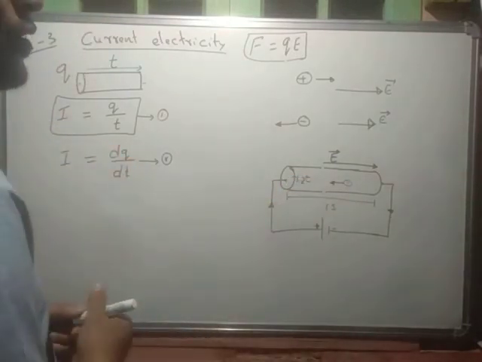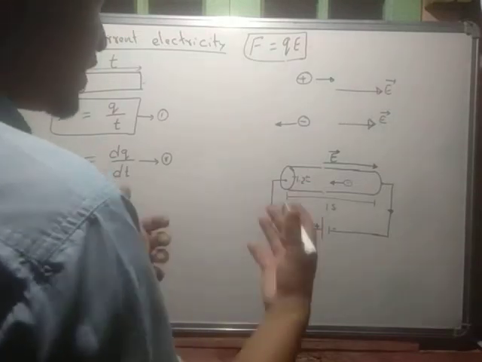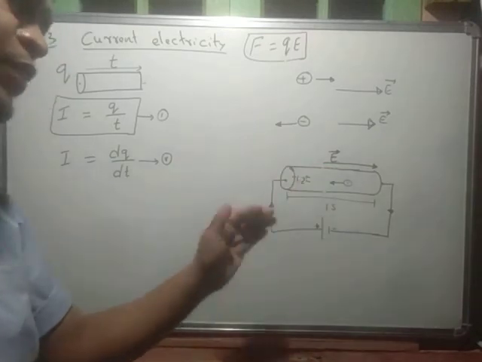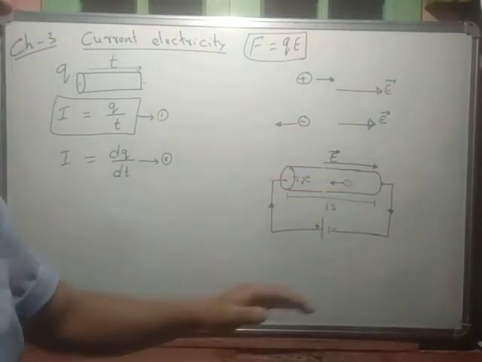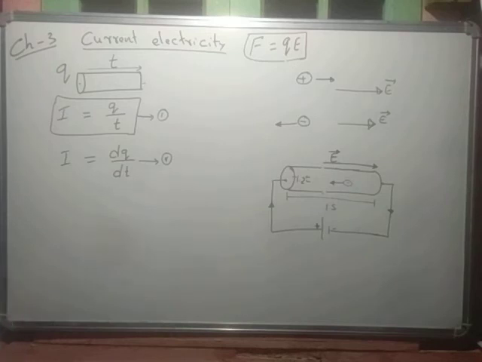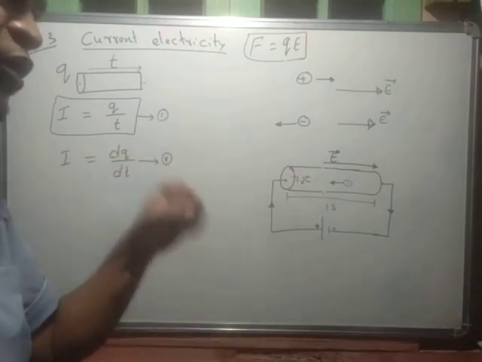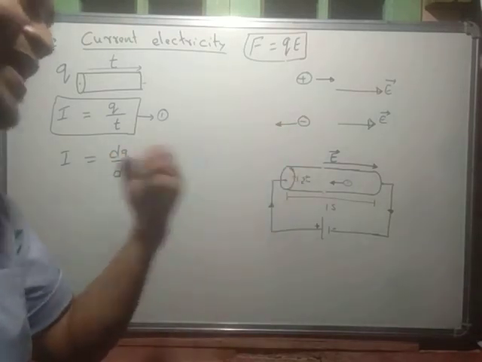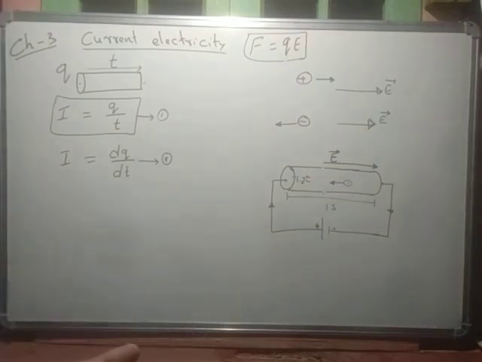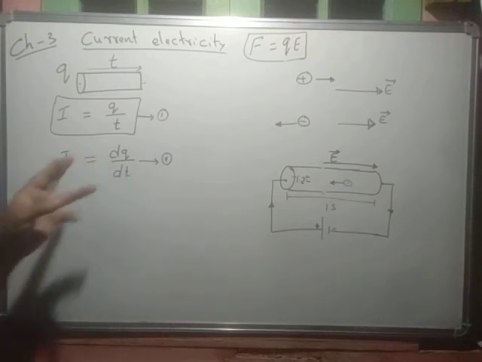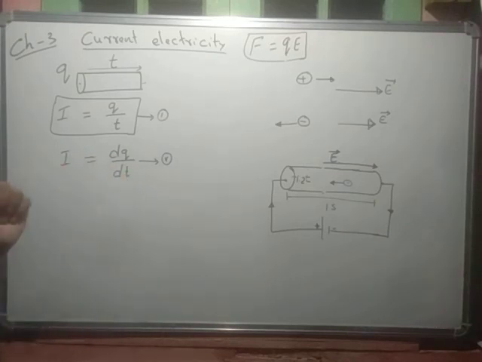So when the charge crossing through the conductor is not uniform with time, the current is not a steady current. In such a case, because the current is not uniform, we take the average current, and that is known as the instantaneous current, and we write it as I equals dq by dt. This is the equation for the current when the rate of flow of charge is not uniform.